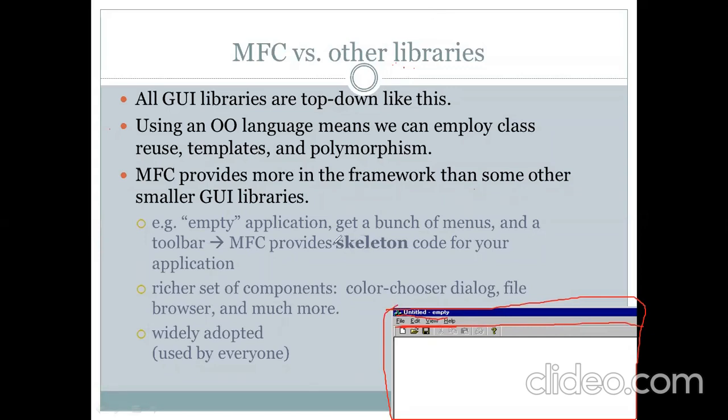So what it actually says is that the MFC framework uses the concept of an object-oriented language. That means it will consist of some classes, reusable classes, format templates, and the concepts of polymorphism and inheritance can be used.